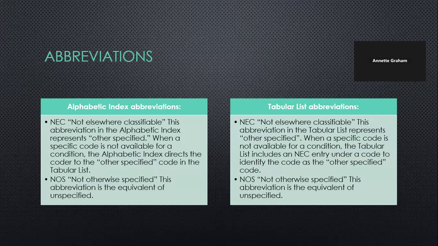It means that your provider documented a diagnosis that was in fact completely specified, but there is not a diagnosis code for that particular condition, and then you would use the other specified. Now, if your provider does not give you a specified diagnosis, they just say chest pain, and they don't say it's another type of chest pain or a specific type of chest pain, you are going to default to NOS or unspecified.